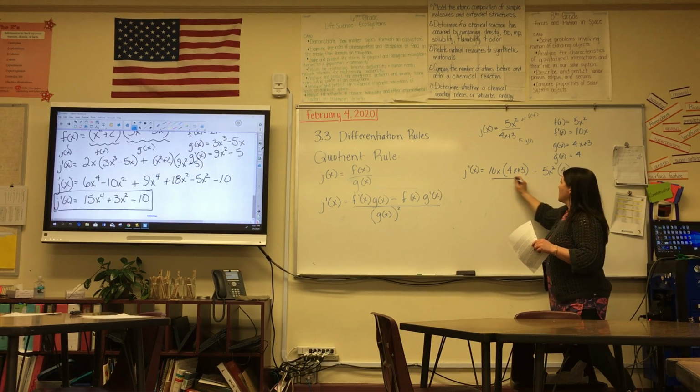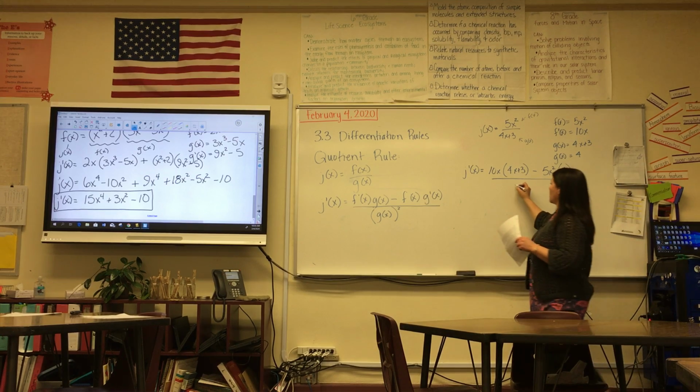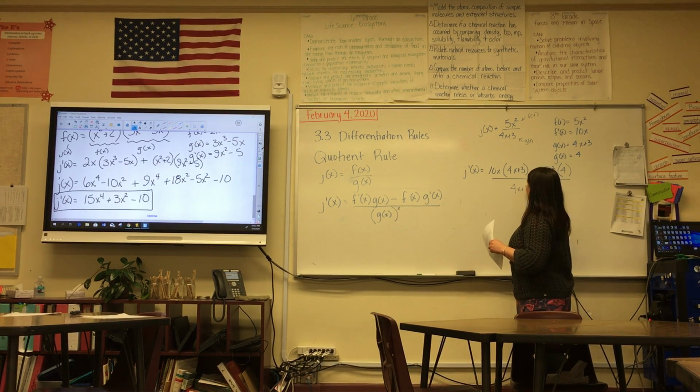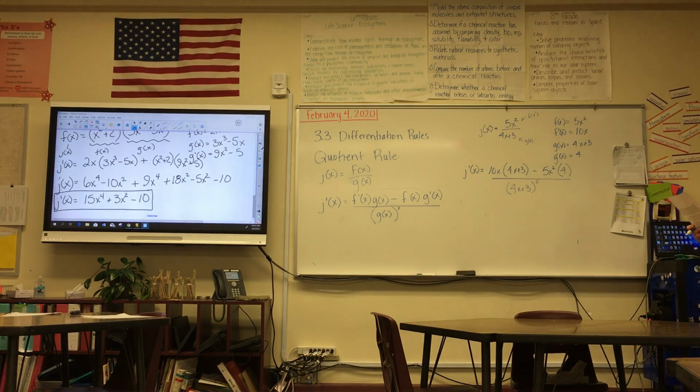And then I divide by my original g of x squared, which was 4x plus 3 squared. So this is a fine derivative. You could substitute an x value in there and find a slope at that point. You can also simplify a little bit though.